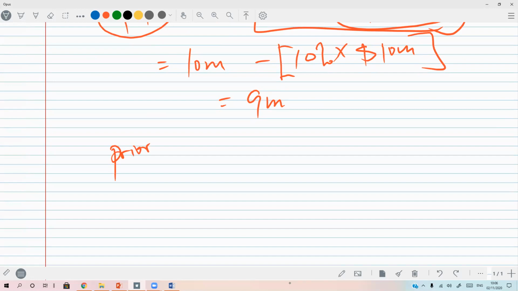Okay, thank you. Is it the same as preference shareholding?